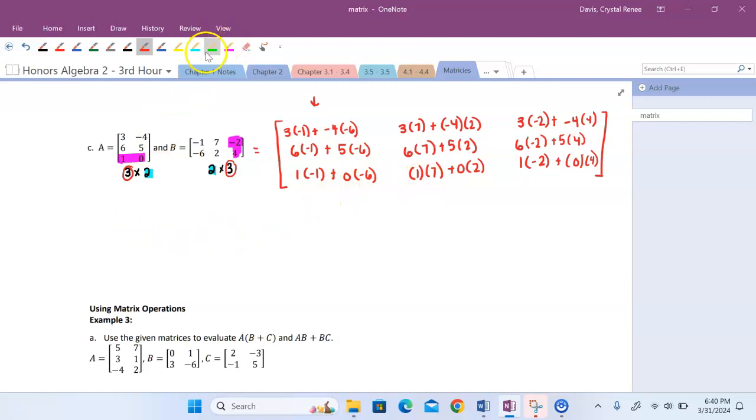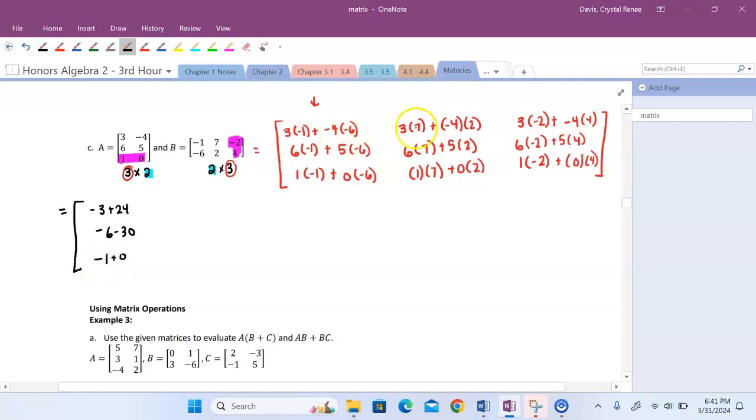Now all I need to do is clean it up. So this is -3 plus 24. I'm going to go down here. So -6 minus 30. And 1 times -1 is -1 plus 0.